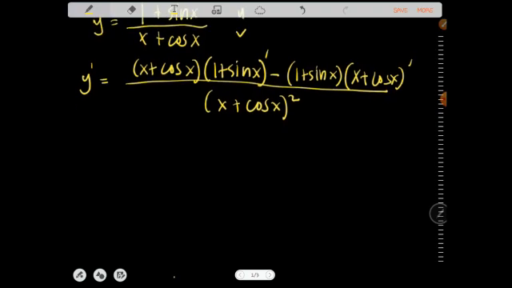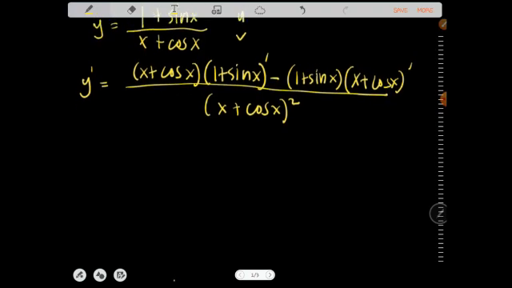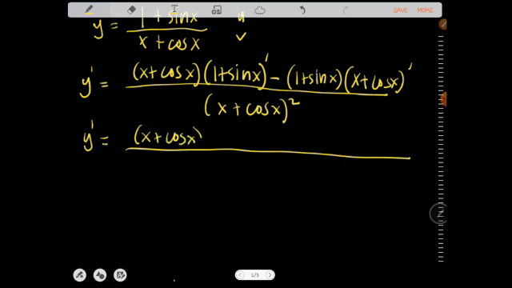Then, by that, pwede na natin siyang i-differentiate. So, copy mo lang, y prime is equals to x plus cosine of x. Then, yung ating derivative of 1 is 0. Tapos, yung derivative ng sine x naman is cosine x. So, this would be cosine x.